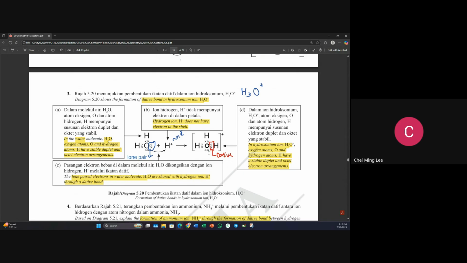With this, the oxygen has an octet electron arrangement, while the hydrogen has a duplet electron arrangement, but it still maintains the charge from before they joined, which is positive. So that's why H3O is positive. The oxidation number is positive 1. Okay, jot this down.